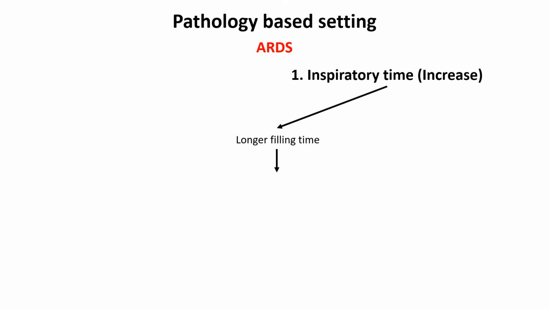Let's look at how to set them in ARDS. In ARDS, where hypoxemia is a major concern, the goal is to enhance alveolar recruitment while minimizing ventilator-induced lung injury. Prolonging inspiratory time in ARDS enhances lung recruitment by allowing more time for alveoli to fill with air.